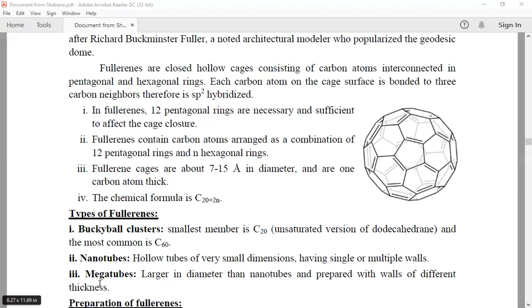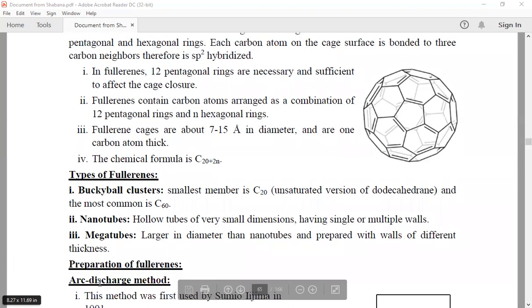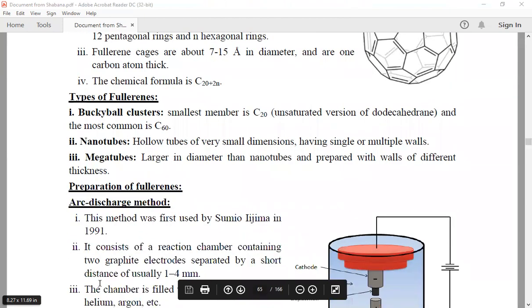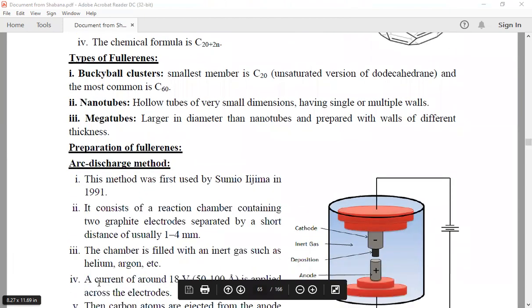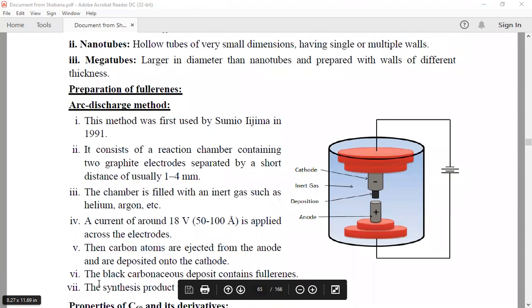Coming to the preparation of the fullerene, a common method used to produce the fullerene is to send a large current between nearby graphite electrodes in an inert atmosphere.